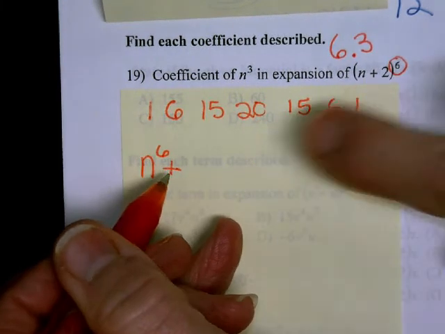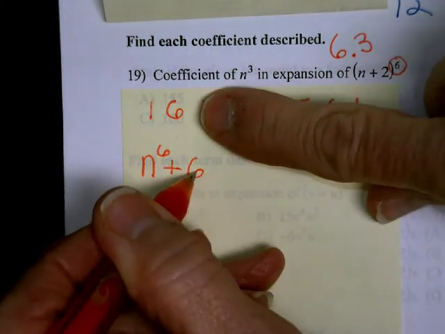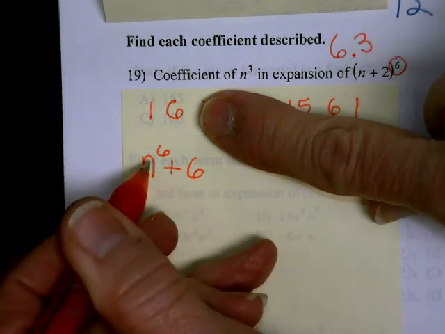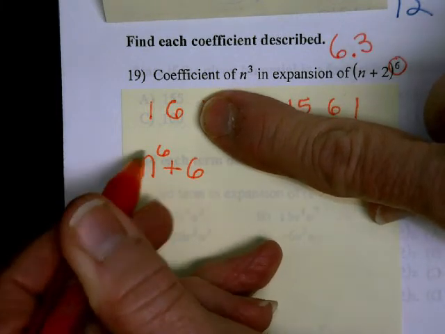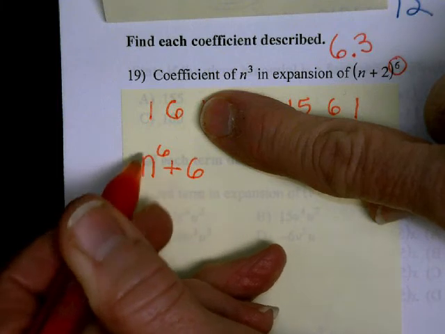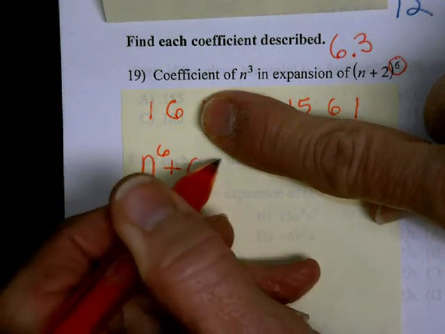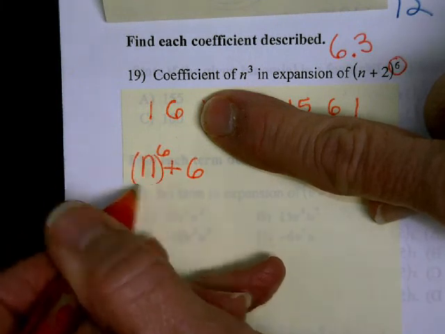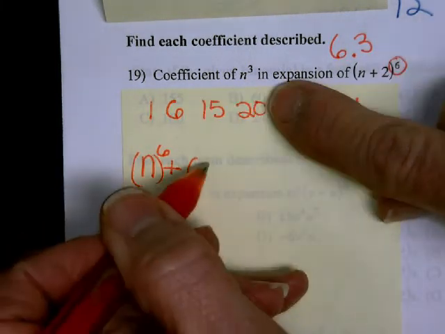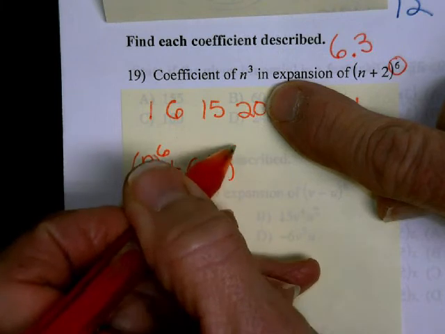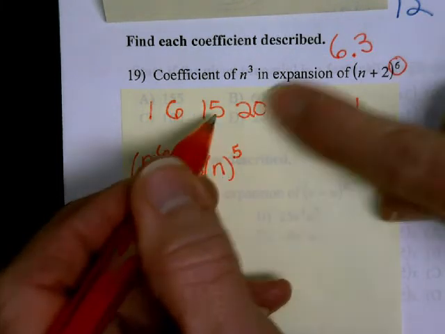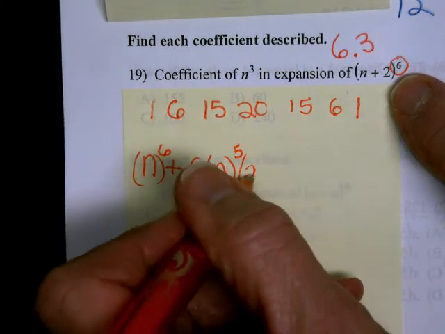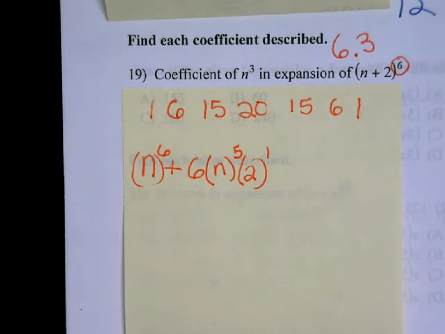So I add the next coefficient of Pascal's triangle times, if this was a term other than n, I would put it in parentheses. If you want me to, I can do that. Like this would be hugged in parentheses. So this is hugged in parentheses to the 5th, and then my second term of the binomial shows up to the 1st.